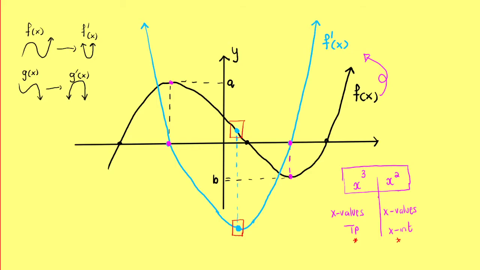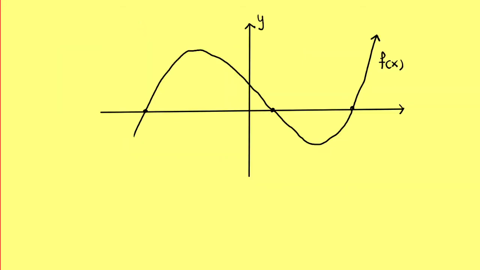Now let's look at a few examples. Here, our point of inflection, let's say it's at 0. The first turning point will be, let's say, -4, and this turning point will be, let's say, 5.